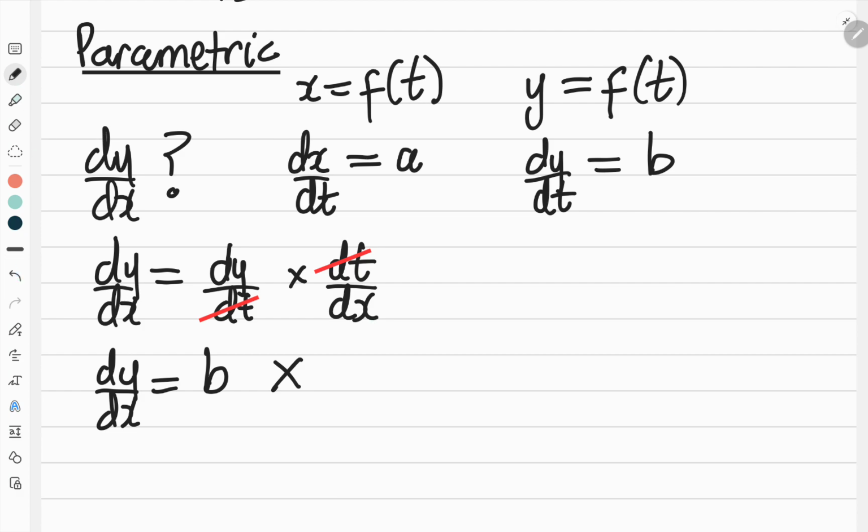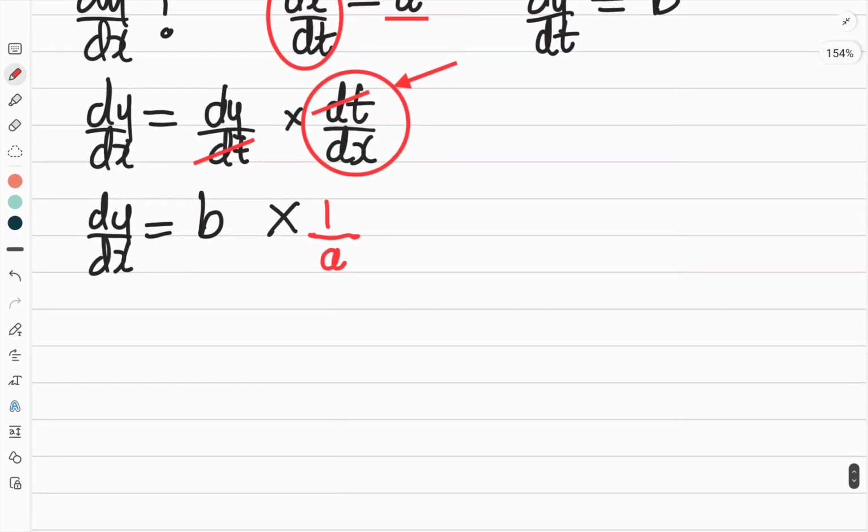When we talk of dt dx right there, it's a bit of a contrast to dx dt, because dx dt is equal to a, but this one now that we are talking about is dt dx, which is the inverted form of that. So we'll bring that as 1 over a. So that's how we find our dy dx for the parametric functions.